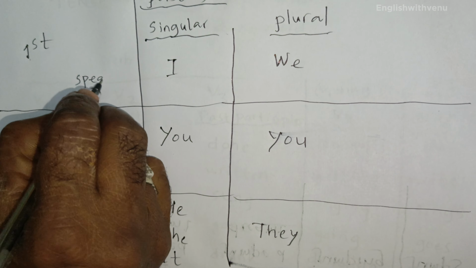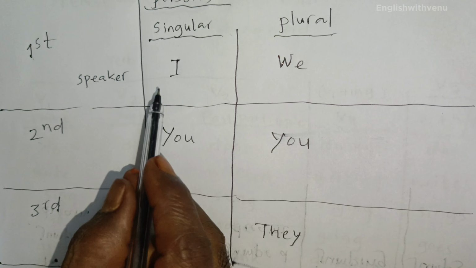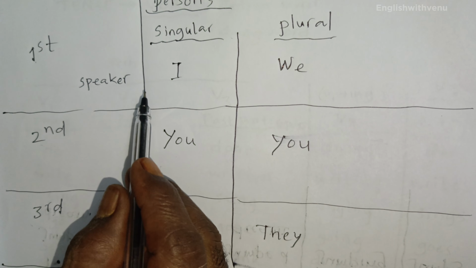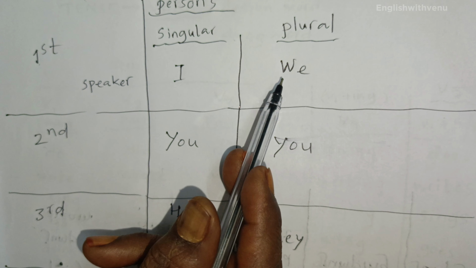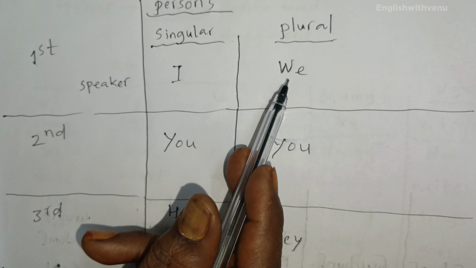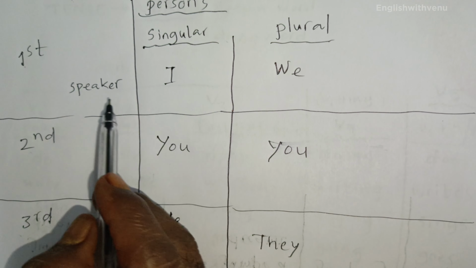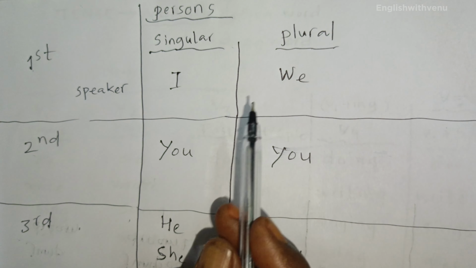Speaker is the first person. Whomsoever speaks, if I speak, I am going to be the first person. If many members speak at a time, then we is the first person. Here I is first person singular and we first person plural.